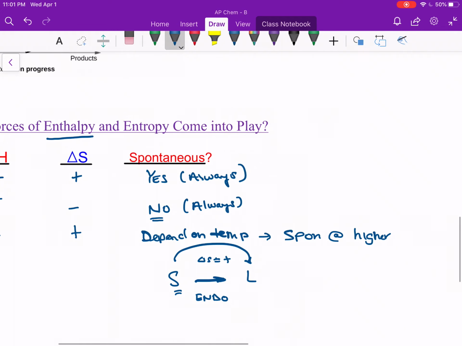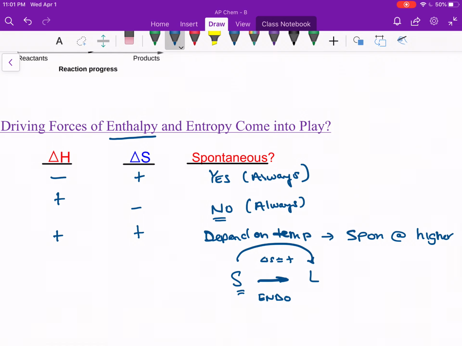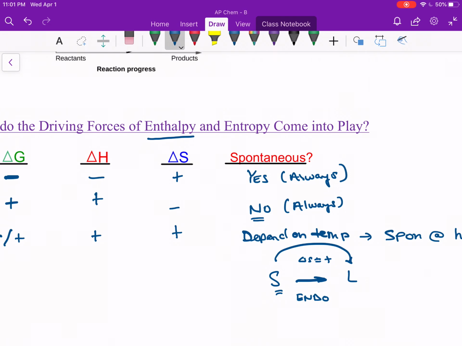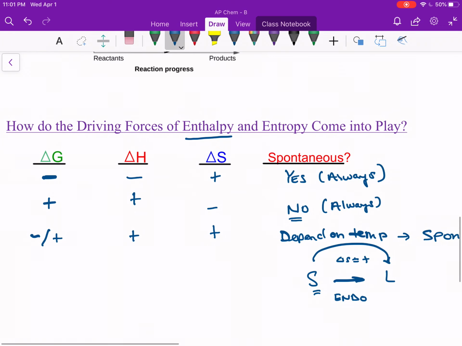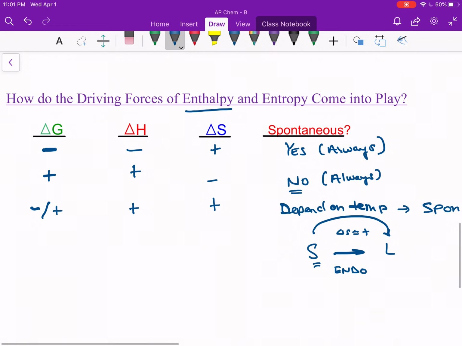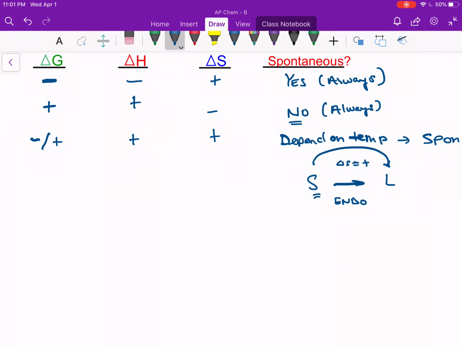And so since it's spontaneous at higher temps, we know at higher temps, entropy, delta S, is going to be the driving force, where if it's at a lower temperature, then the enthalpy is going to be the driving force. The same thing can be said if we have an exothermic reaction, but that exothermic reaction happens to be becoming more ordered.